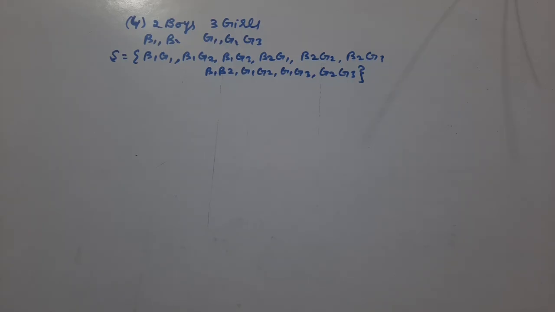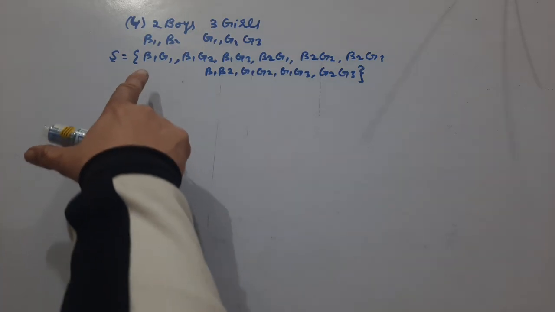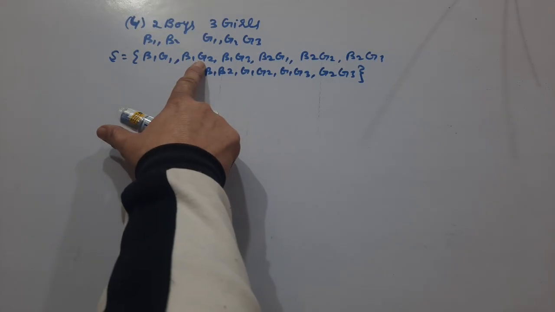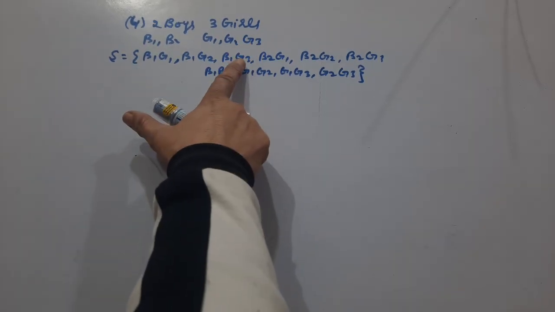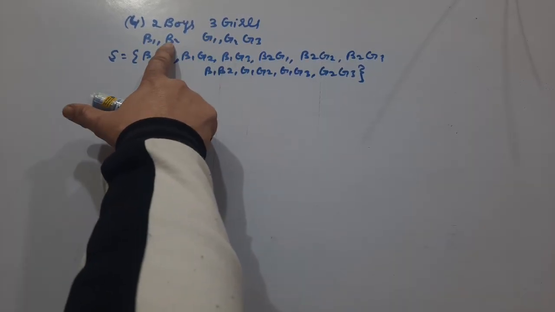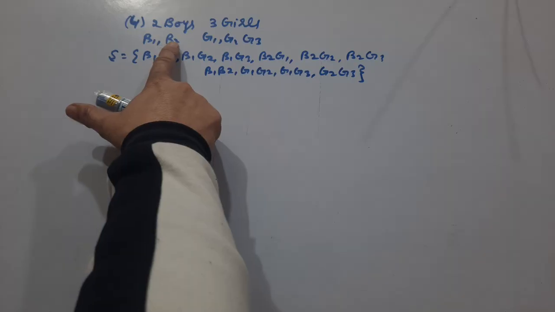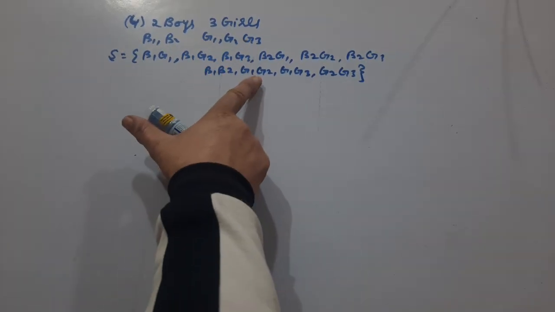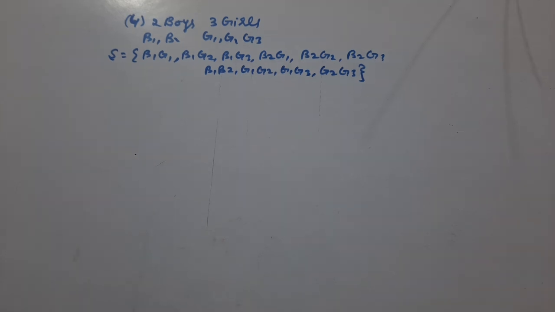The sample space will be: B1 G1, B1 G2, B1 G3, B2 G1, B2 G2, B2 G3, then B1 B2, then G1 G2, G1 G3 and G2 G3. So this is the sample space.